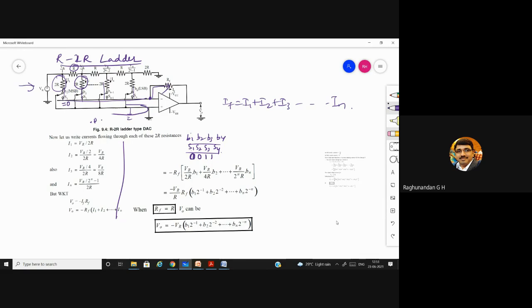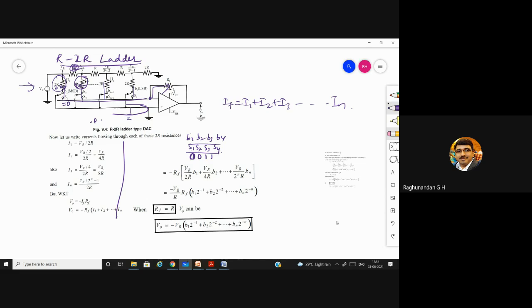So here the main advantage is there are only two types of resistors, either R or 2R. If you take the R value as 1K, you'll be using two values only. Continuously you'll be using two values only: 1K, 2K, 1K, 2K. If this is 1 kilo ohm, this will be 2 kilo ohm.